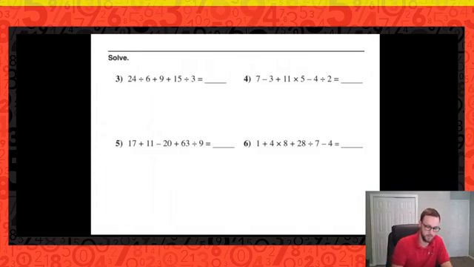Yep, we're going to tackle this first division problem. So what's 24 divided by 6?